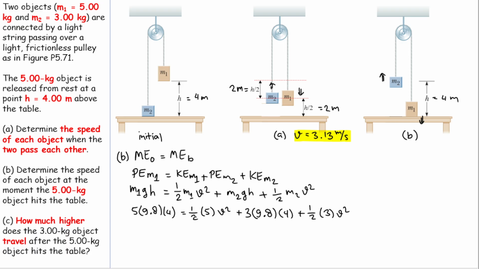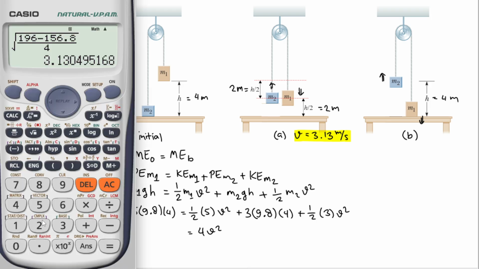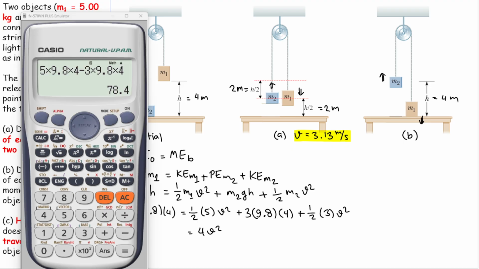Okay, 1/2 times 5 and then 1/2 times 3, that will be 4v squared, right? So I have 4v squared. And then on the left hand side, I will have 5 multiplied by 9.8 multiplied by 4, and then minus 3 times 9.8 multiplied by 4. And we will have 78.4.